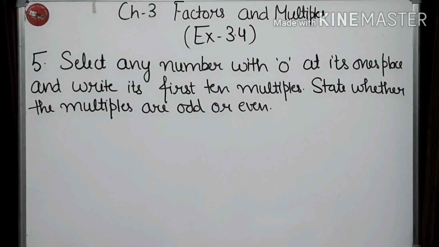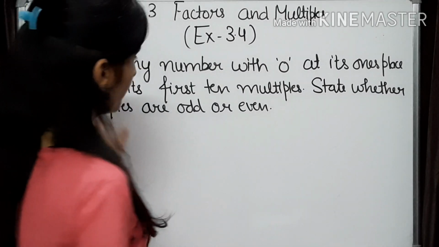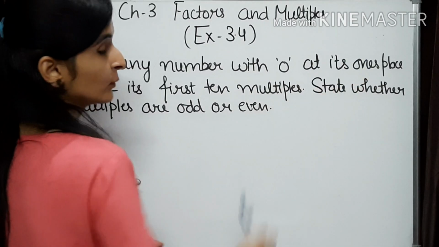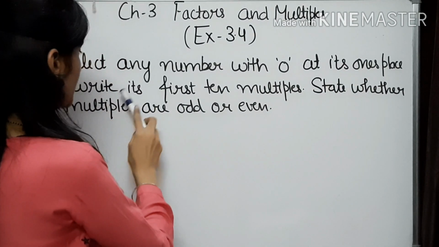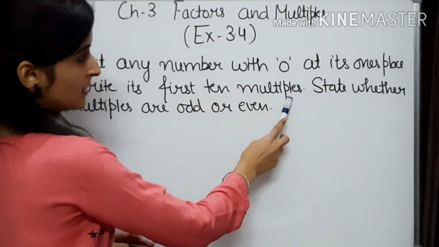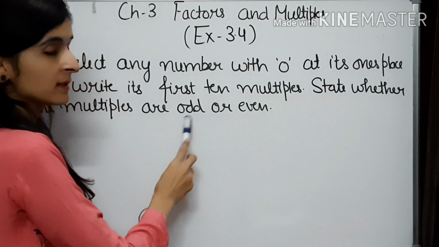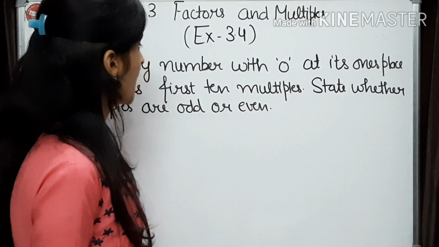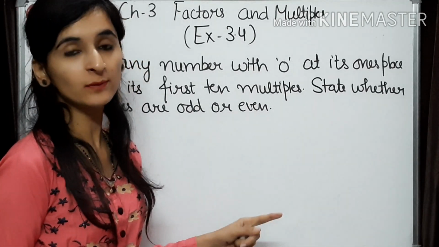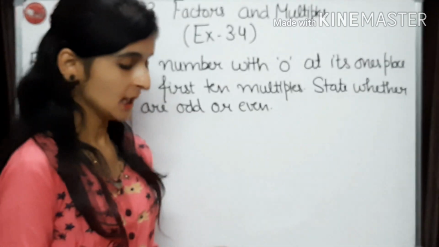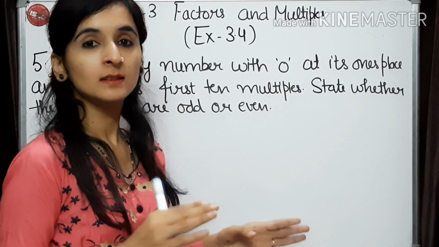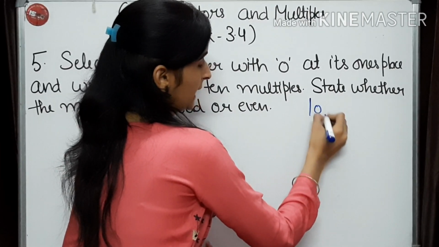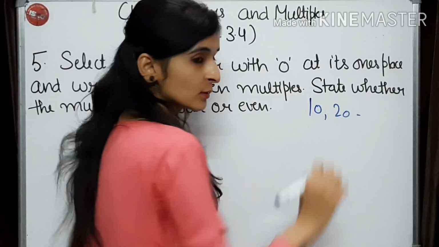Then we have question number 5. Question number 5 is: select any number with 0 at its ones place and write its first 10 multiples. State whether the multiples are odd or even. So we have to take any number with 0 at its ones place. The numbers with 0 on the ones place are 10, 20 and so on.